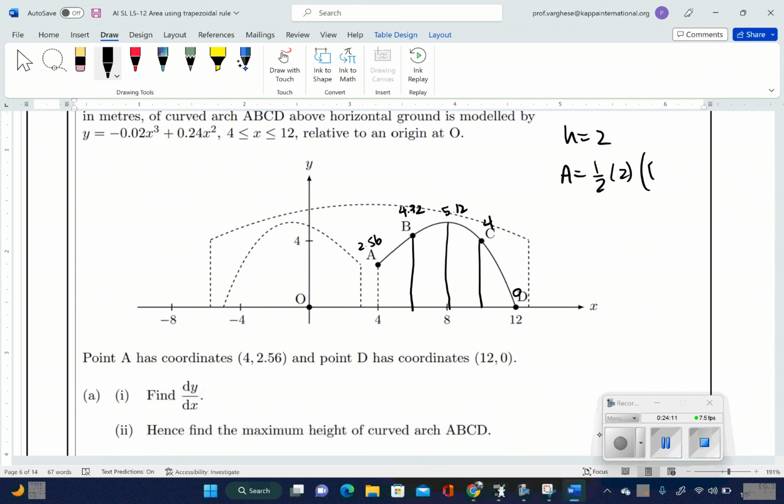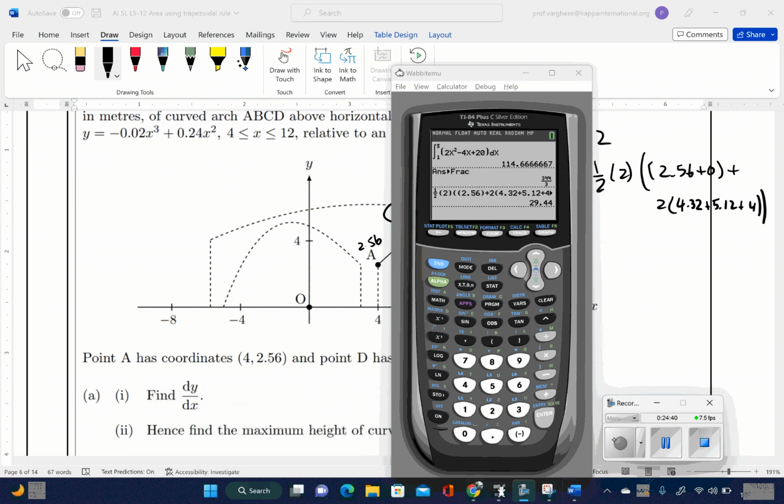I'm going to do my first number, which is 2.56, my last number, which is 0. Add them together, 2.56 plus 0, plus 2 times all the other numbers. So that's going to be 4.32 plus 5.12 plus 4. Close that, plug all of that into the calculator, hit enter.